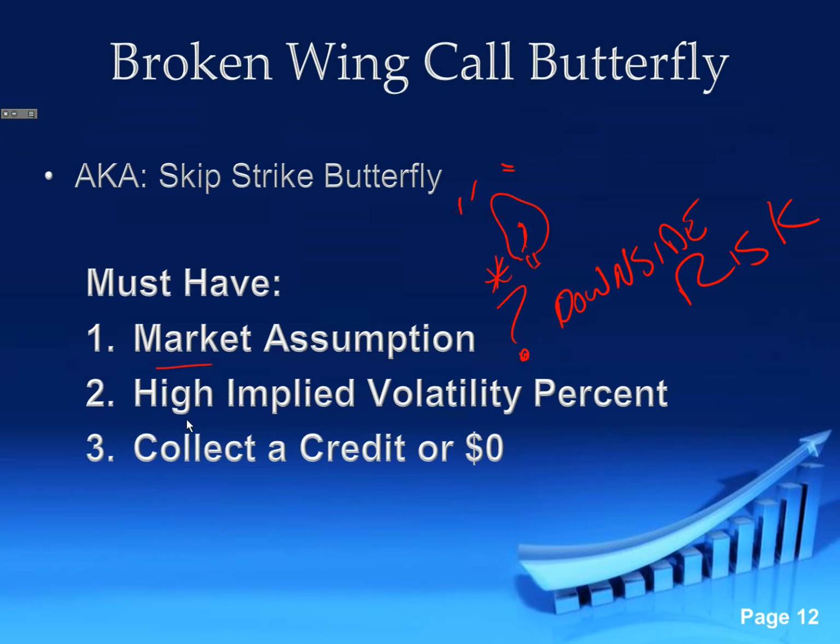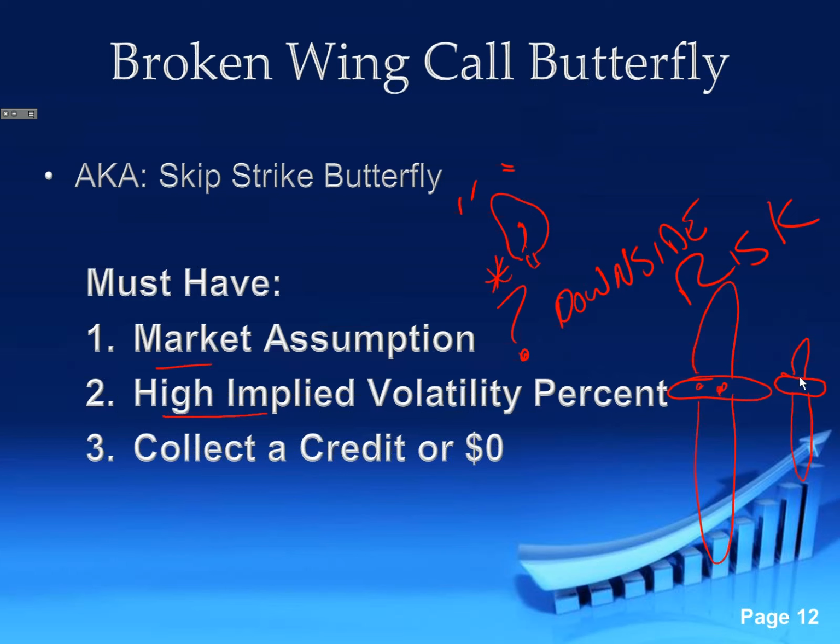We also need to have some high implied volatility. The reason we want high implied volatility is that normally we're going to be selling these, and it allows our wings to be a lot bigger, okay? If we did this in low implied volatility, our wings would kind of look like that.